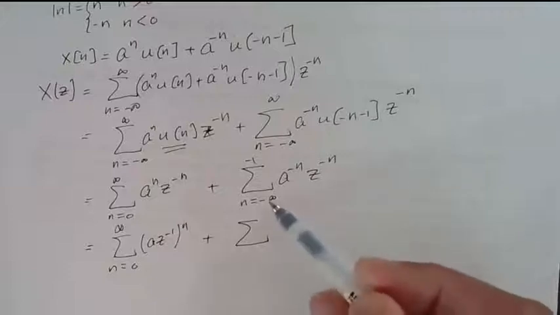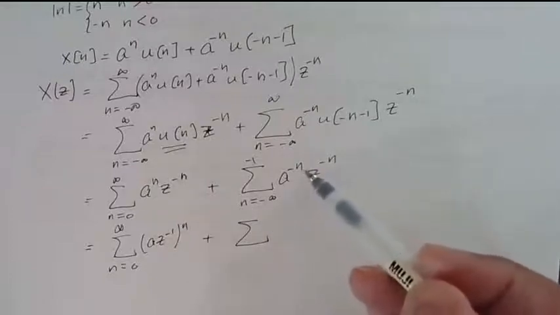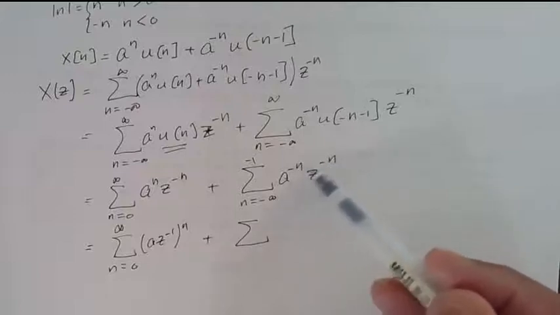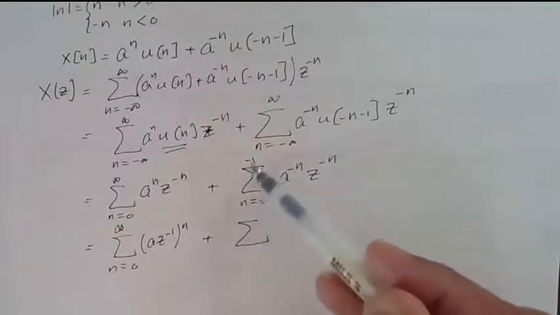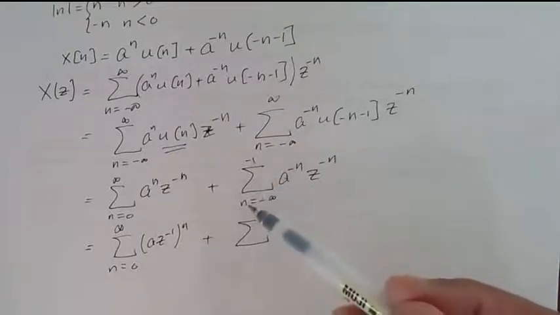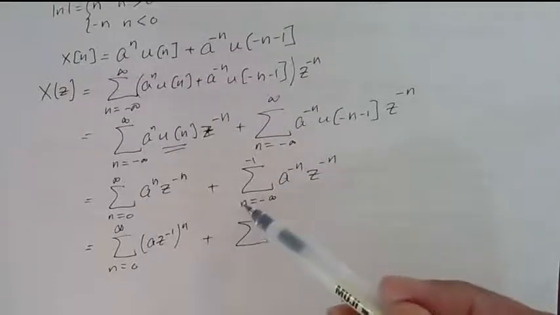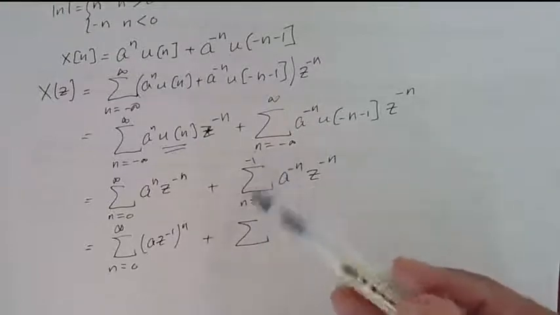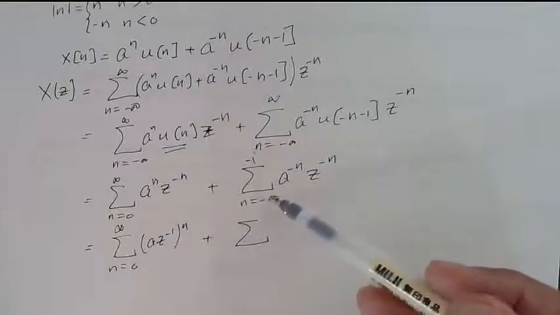And I'm going to do the same thing that I did before, the trick I used before. I'll replace n with minus n. And I can do that as long as I do that over here as well. Here n goes from minus infinity to minus 1. So if I replace n with minus n, then minus n will go from minus infinity to minus 1, or n will go from infinity to 1.